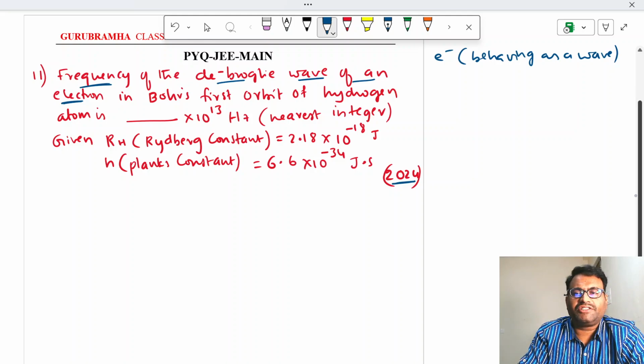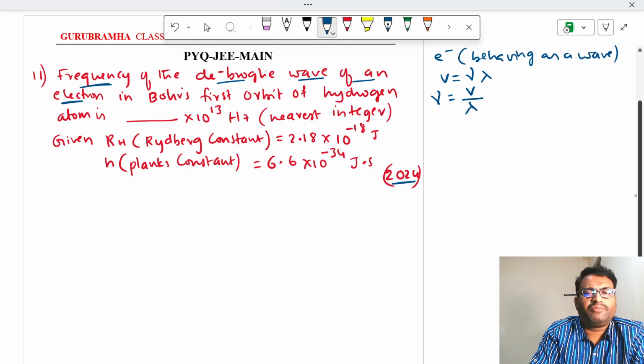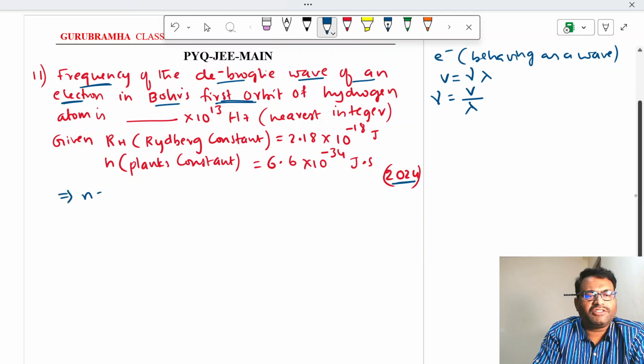From the wave characteristics, we know that V is equal to nu lambda, and nu is equal to V by lambda. So we want the frequency of de Broglie wave of an electron in Bohr's first orbit of hydrogen. The number of the orbit given is n is equal to 1.